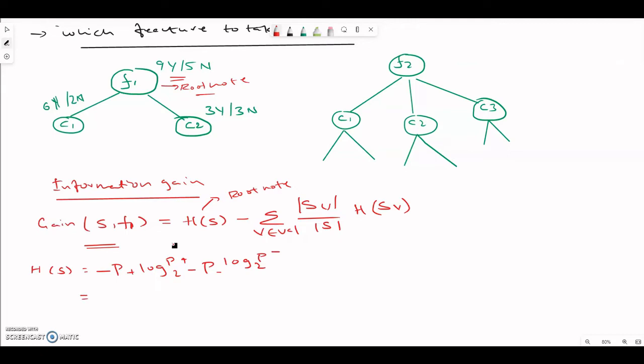Now here I can write for this node. For the root node we have a total of 9 plus 5, which is 14.